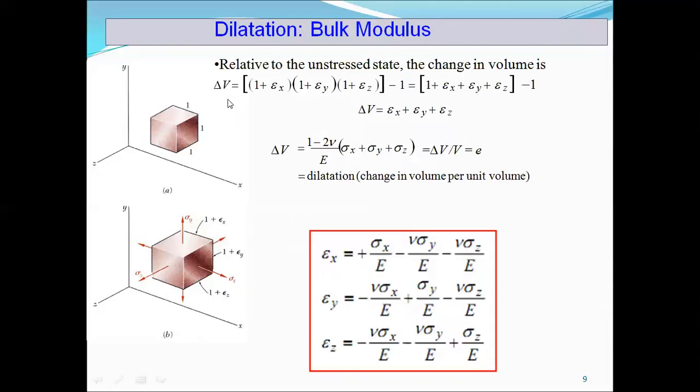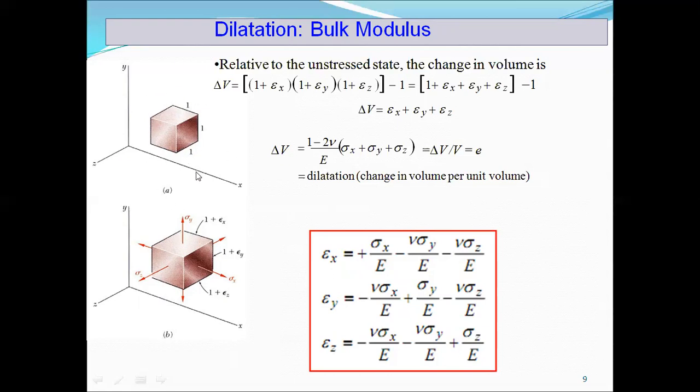Now the change in volume because of this application of loading: the new volume minus the original volume. This is a unit cube, and for the volume of a unit cube we multiply all three sides, 1 multiplied by 1 multiplied by 1, which is 1.